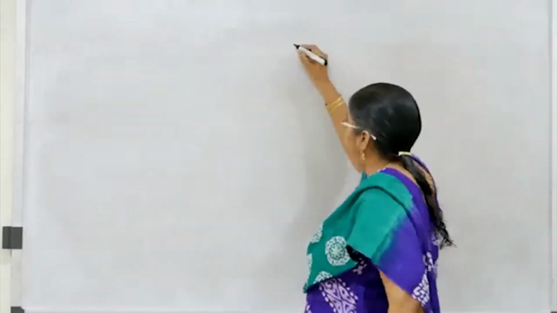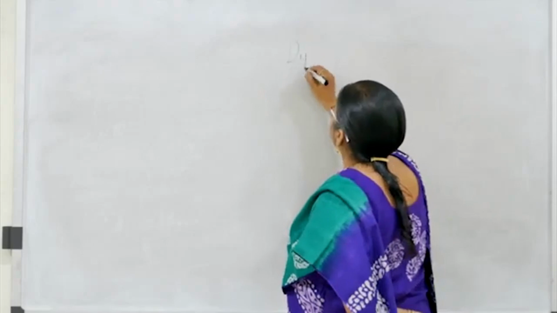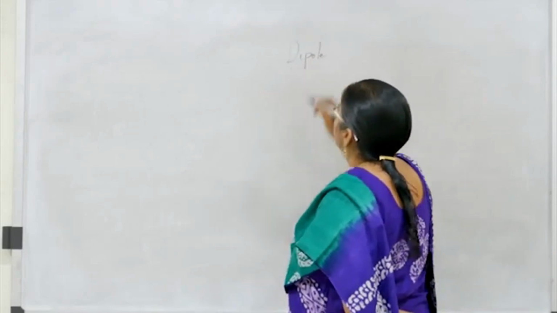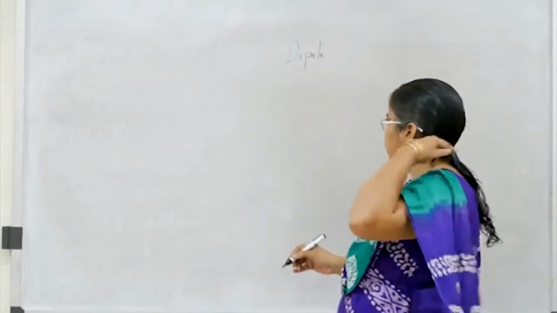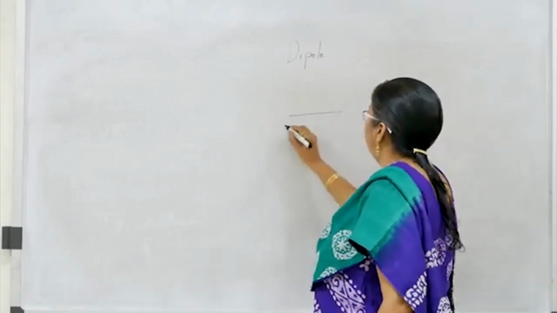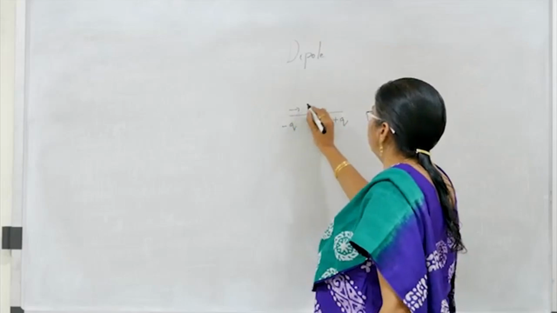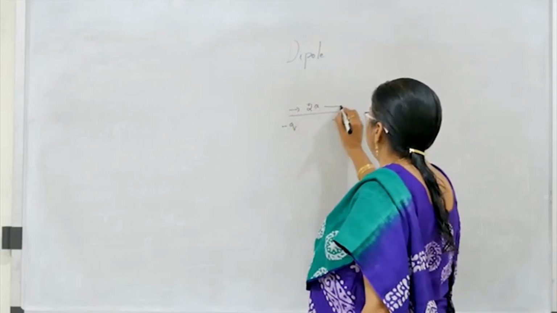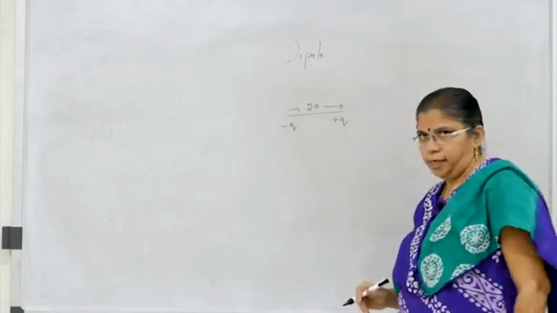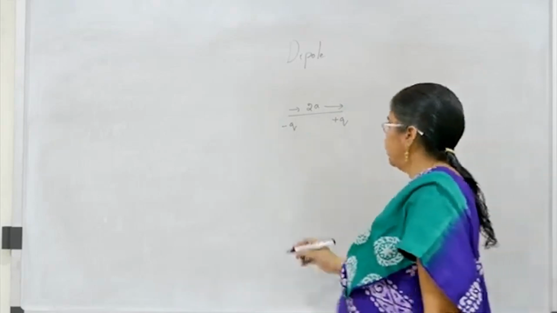What is meant by a dipole? A dipole means two equal and opposite charges with a certain distance of separation between them. Next, what is dipole moment?